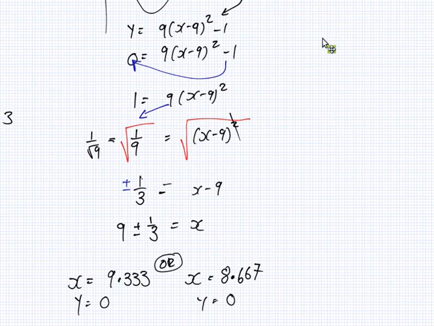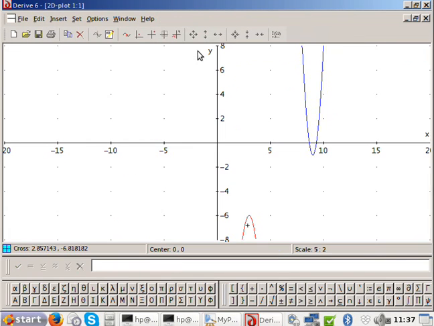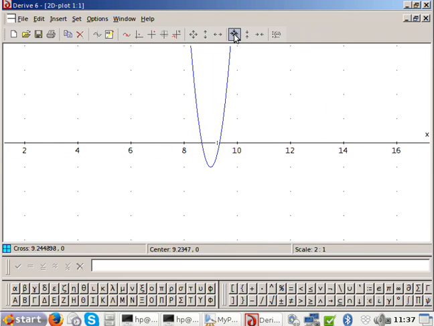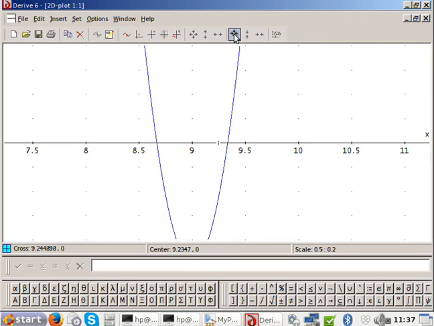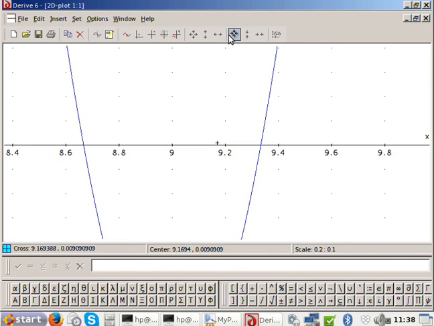Now, let's have a close look at our graph to see if that worked. So let me just zoom in here for a moment. Zooming in. This is like PS4 graphics. Zooming in.